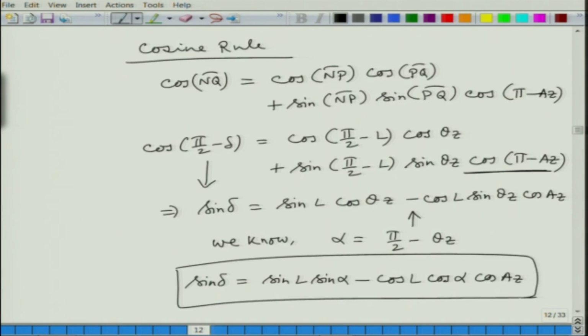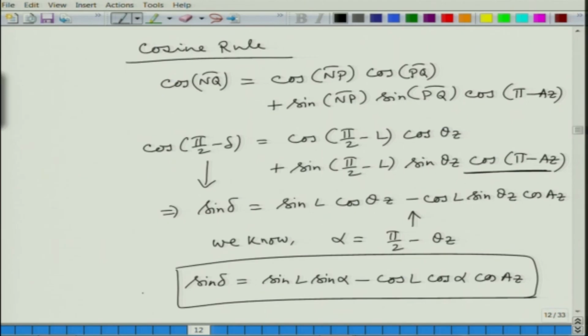Okay. That is another important relation that we obtain from the spherical triangle on the surface of the earth, which involves all different angles, but it still does not involve the hour angle, which we will see very soon.